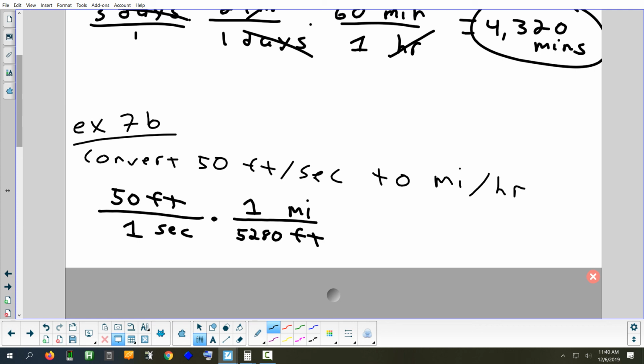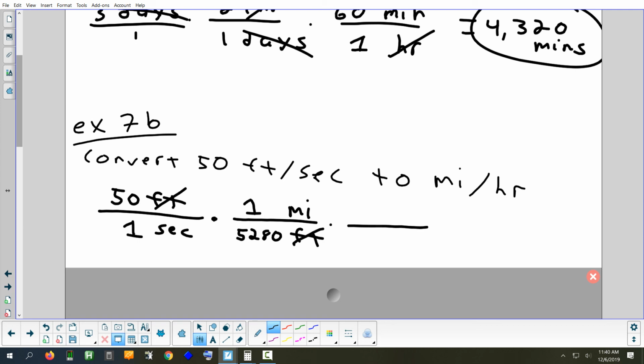I mean, why? At least in metric, everything's like a power of 10, or 100 or 1,000, things like that. It's nice numbers. Okay, but we have this random number, 5,280 feet in 1 mile. So, feet. If you stopped at this point, you would have a speed in miles per second. We got the right distance, but we don't have the right time yet.